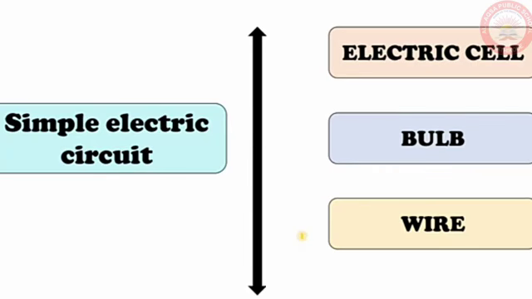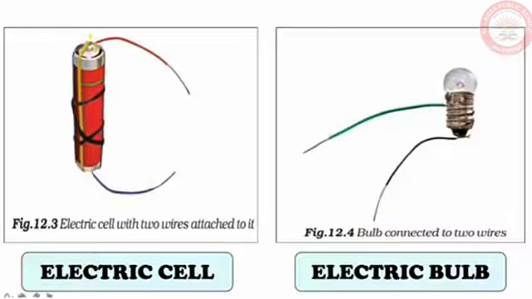To make a simple electric circuit, we need an electric cell, a bulb and wire. To make this electric circuit, we have to connect two wires to the two terminals of the battery, and in the same way connect two other wires to the two terminals of the bulb.